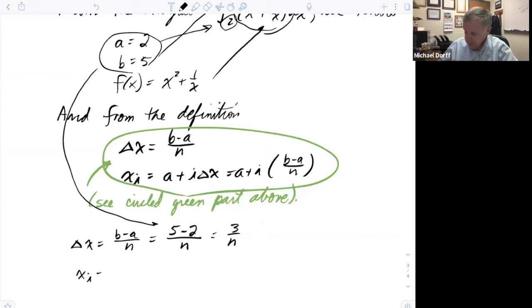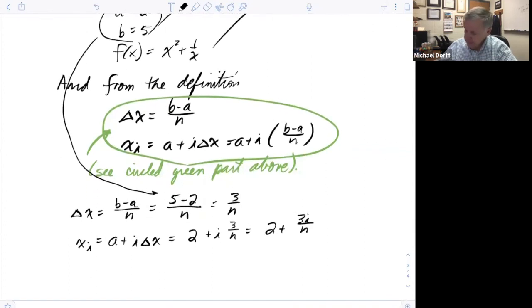And x of i is going to be a plus i delta x. So that's going to equal 2, because that's the a value, plus i times 3 over n, and that's often written as 2 plus 3i over n. All right, so there's my delta x, and this is my x of i.